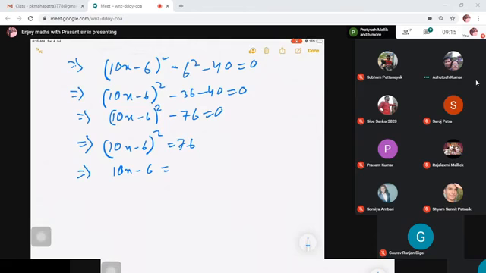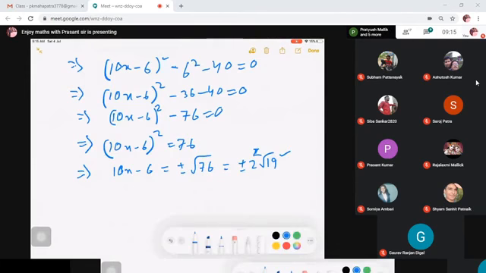So it is plus or minus 2 square root of 19. The square of 2 is 4, and the square of root 19 is 19. So 4 into 19 gives 76. So the square root of 76 is plus or minus 2 root 19.